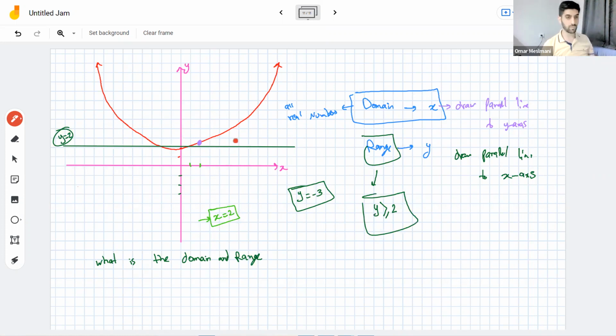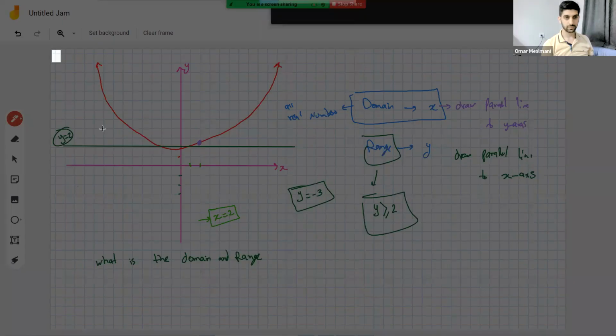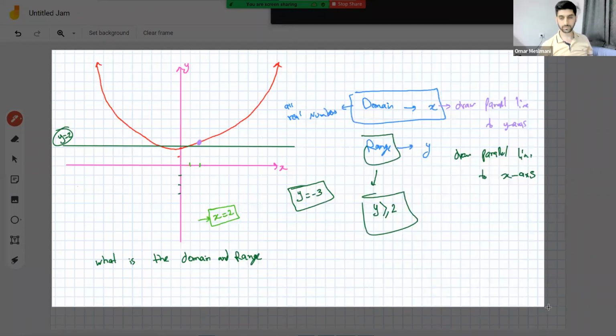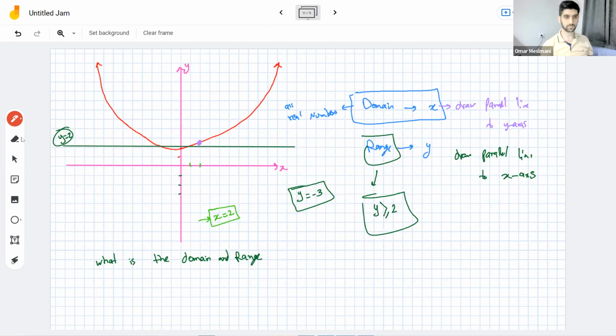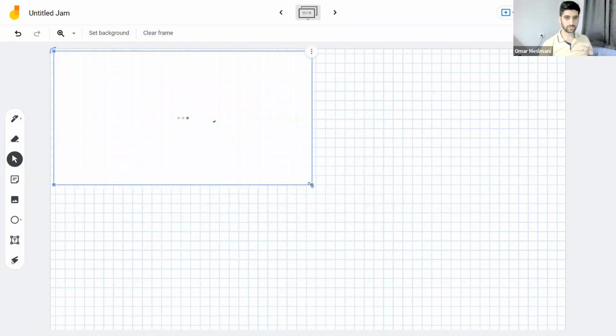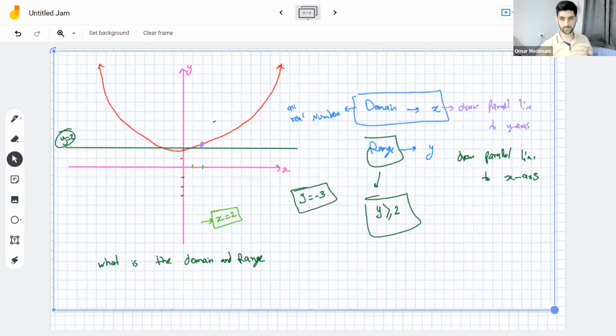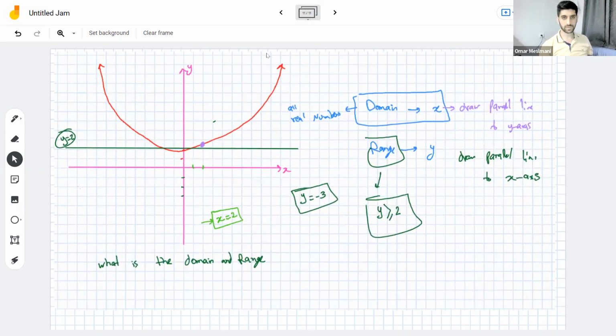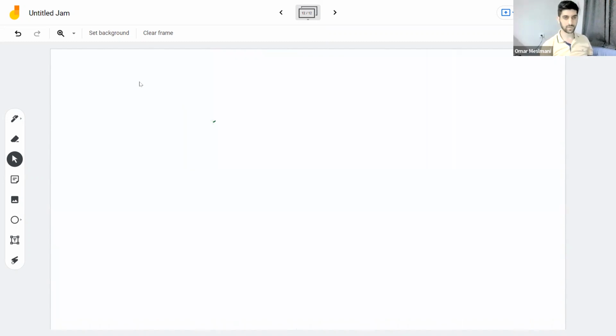I'm going to give you one more example so I can make sure that you understand everything well. Just let me clear everything, because with this, I can draw lines, and I need lines, by the way.